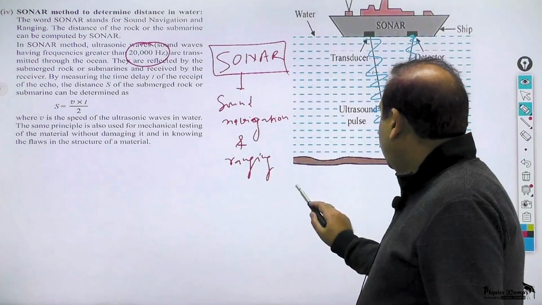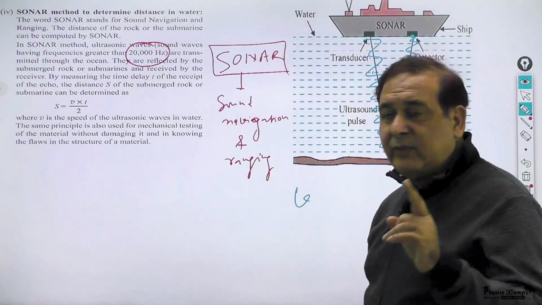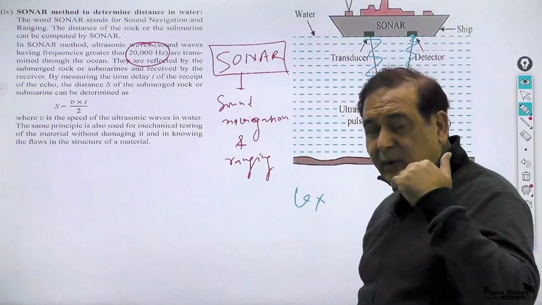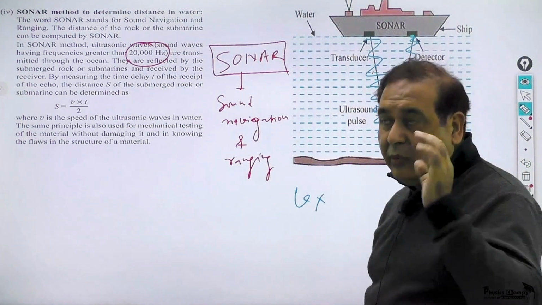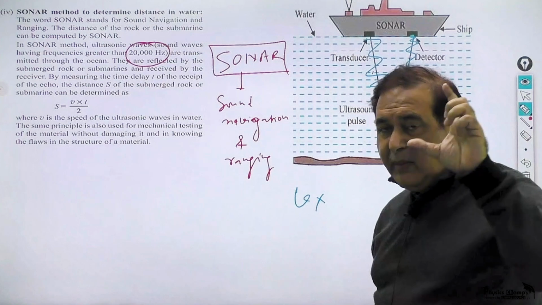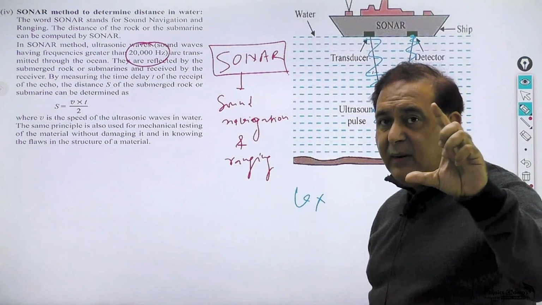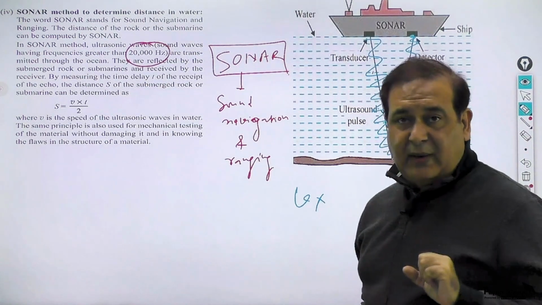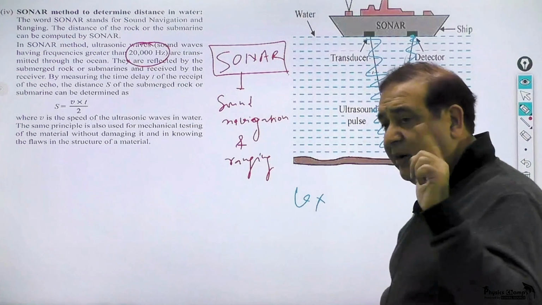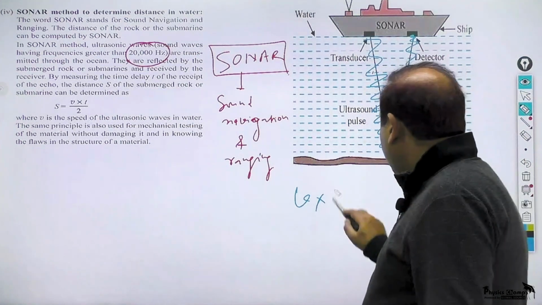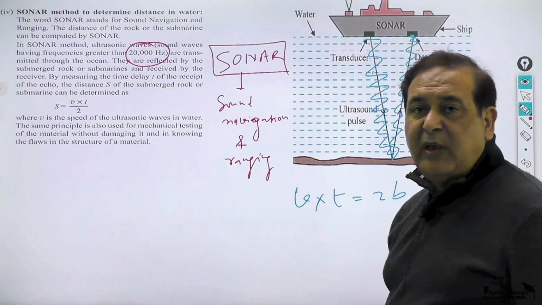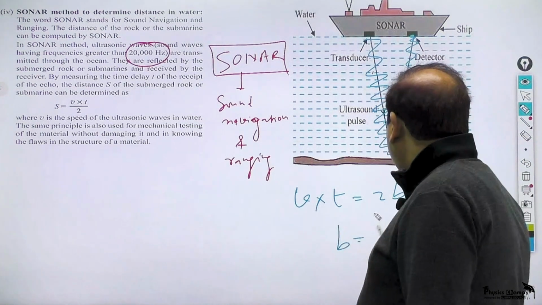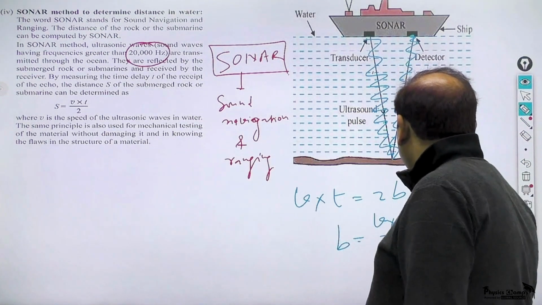They travel with the speed of sound, and the speed of sound will differ as per the medium. So in air, the speed of sound may be 332 meters per second, but in water the speed of sound is higher. So we use that speed of sound in water into the time interval, and we can say it is approximately 2b, and the b would be velocity into time by 2.